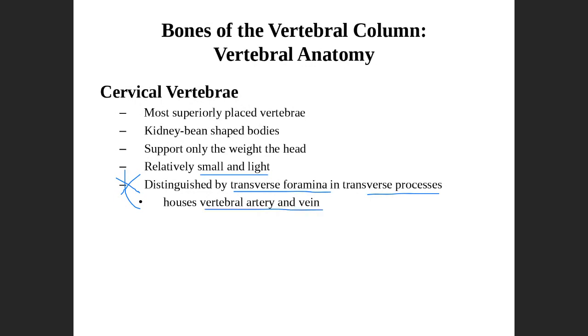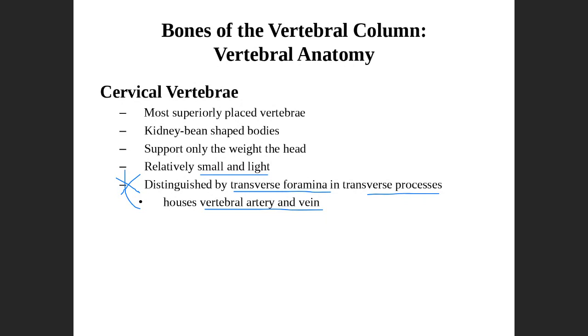You need to know this because I just got done teaching it to my 211 class last night. You need to know what runs in that transverse foramen, the vertebral artery and the vertebral vein. The vertebral arteries, because you have a left and a right, supply 20% of the brain's blood supply.